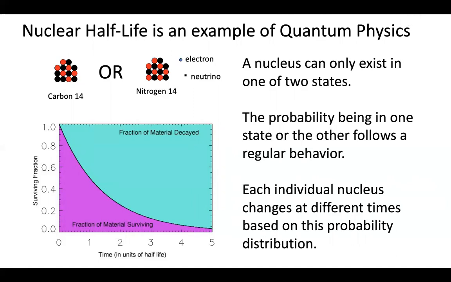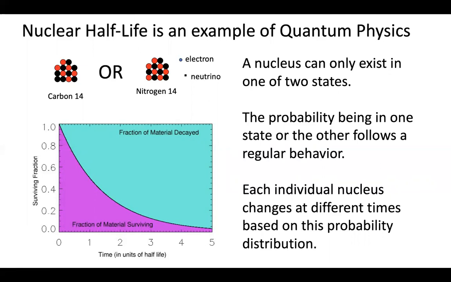So each one of these events is a discrete event. And they're independent. Like, I could have these nuclei in different rooms. Why would the total fraction of these many independent events follow this particular trend?